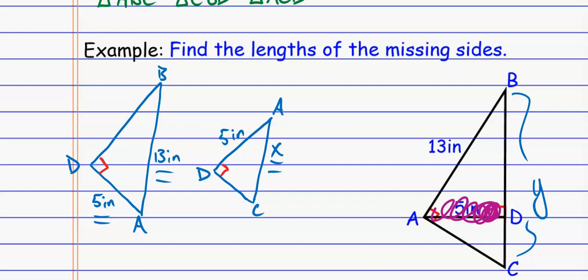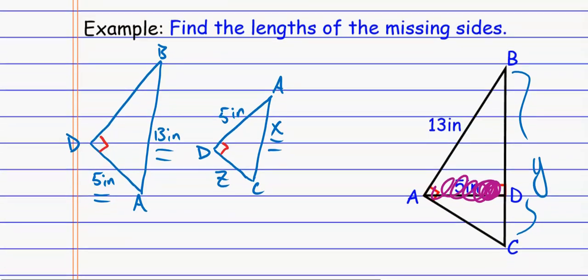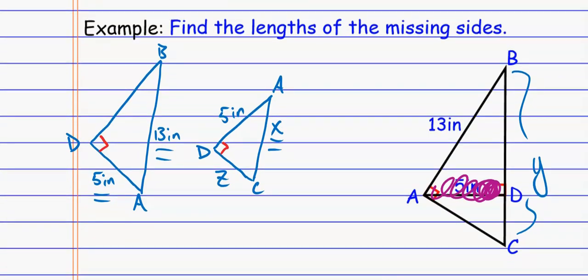I don't know what that is, so maybe I'll call it Z. And AC on this last one is the hypotenuse of this triangle. This is also X over here. So I'm making sure that I label everything the same way, AC and AC, understanding those corresponding, matching, overlapping pieces.